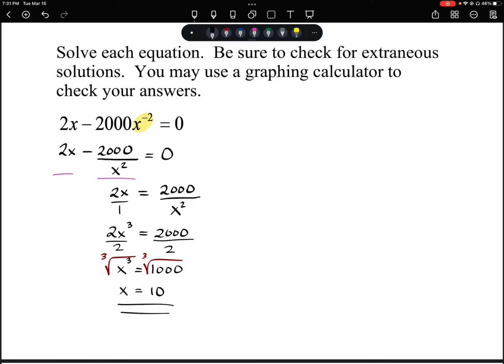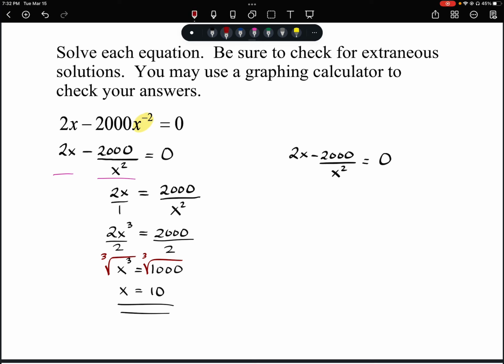A second method: if you wanted to, at the beginning you can multiply everything by x squared. Let's say here we had 2x minus 2,000 over x squared equals 0.